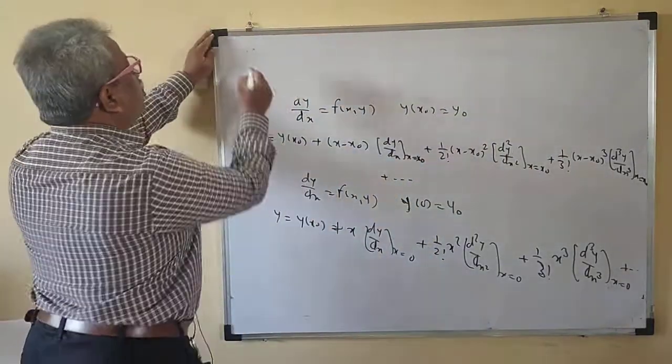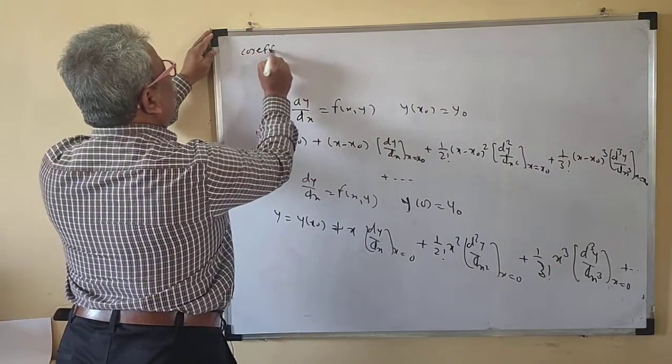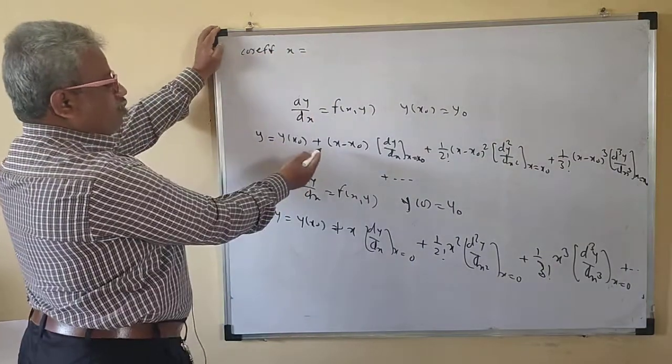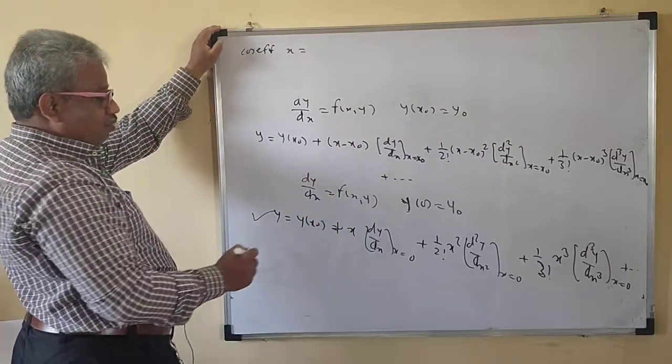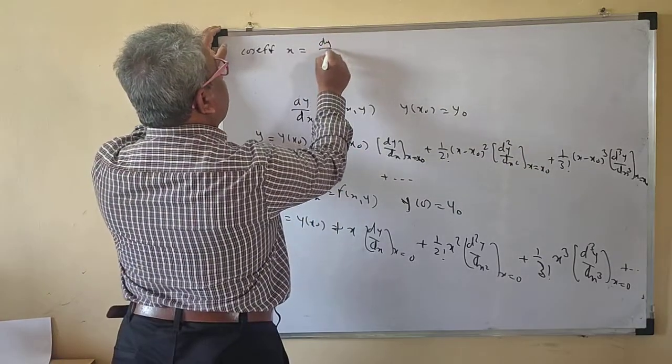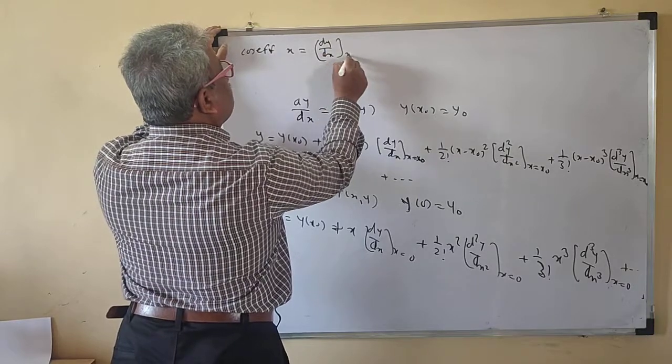What is the coefficient of x for this one? The coefficient of x is dy by dx at x is equal to 0.